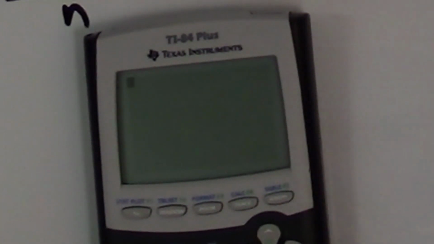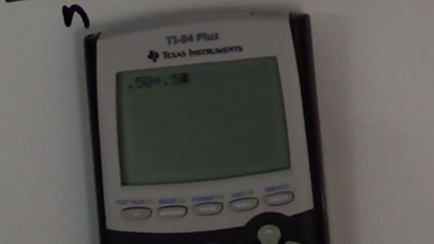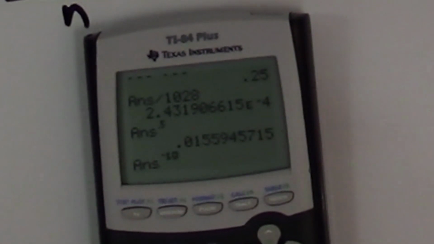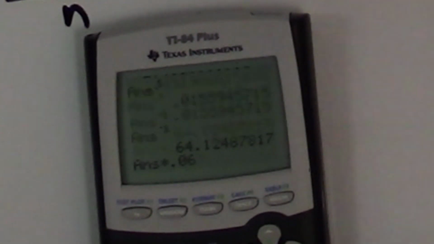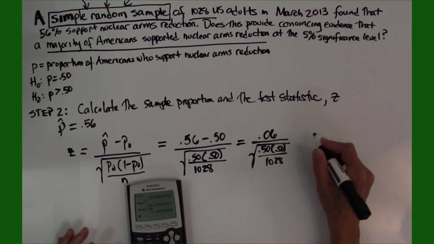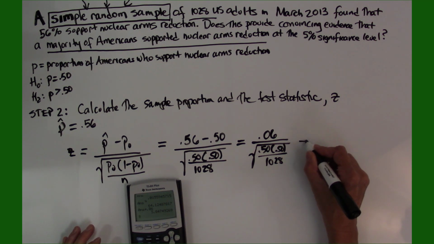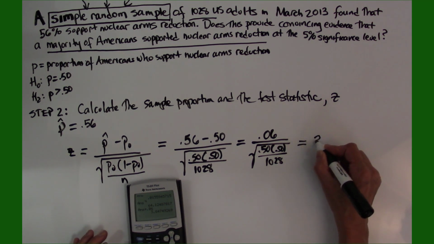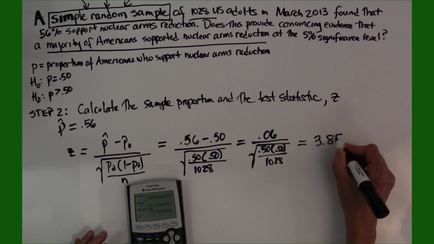Because you've got a complex fraction here, you need to be careful getting that into your calculator. I'm going to round to the nearest hundredth because I'm doing this problem by hand using the normal table, so my test statistic in this case is 3.85.